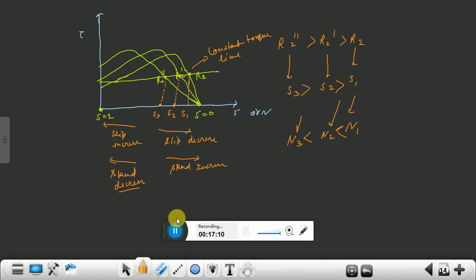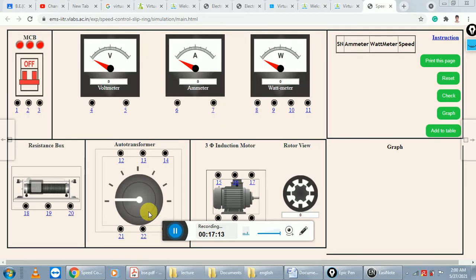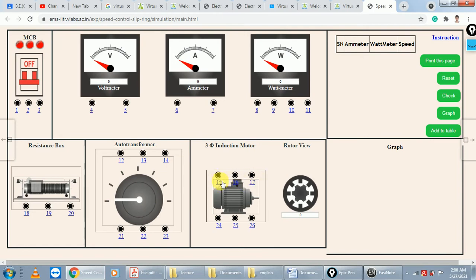Let's move to the simulation part. Here this is the 15th terminal, this is the 16th, and this is the 17th. These are the stator terminals. And 24, 25, 26 are the rotor terminals.